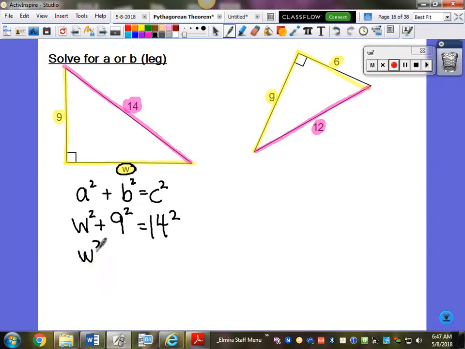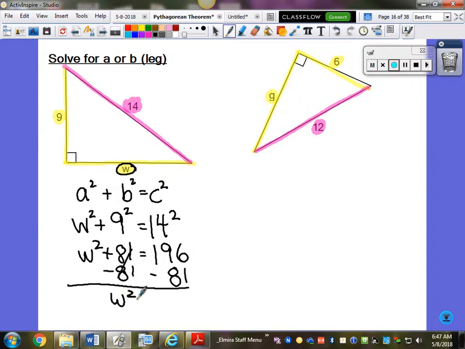So W squared plus 81 equals 14 squared, which is 196. Subtract 81 on both sides. Let's see. How's my math at 6:30 in the morning? 115.